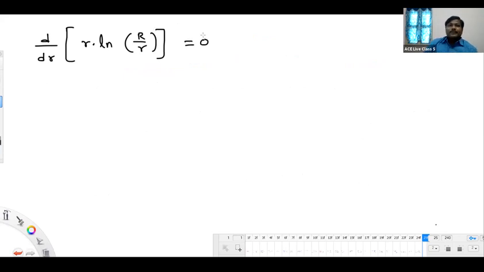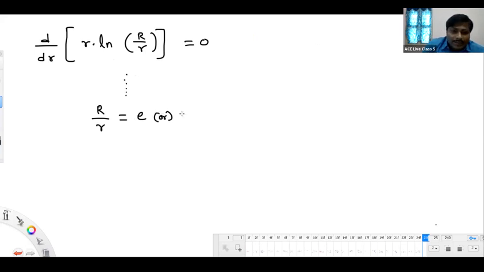Take up the differentiation and do it, and the final result you are going to expect here is capital R by small r equals e. Do the differentiation later. Ultimately, the final condition you can expect is capital R by small r equals small e.